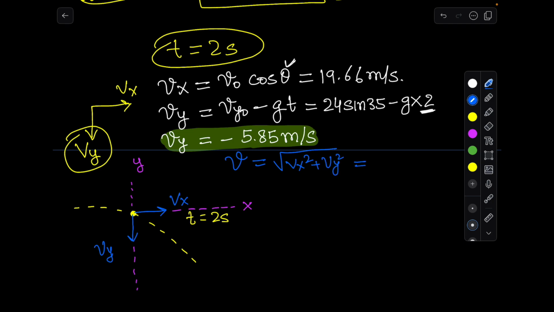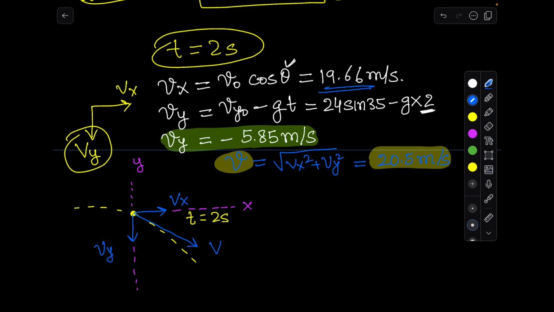So we will put these two values here, and the answer will be 20.5 meter per second. So this vector is here. This V is just calculated, it is 20.5 meter per second. So what I'm going to do is make the resultant vector V, and it will be somewhere here.